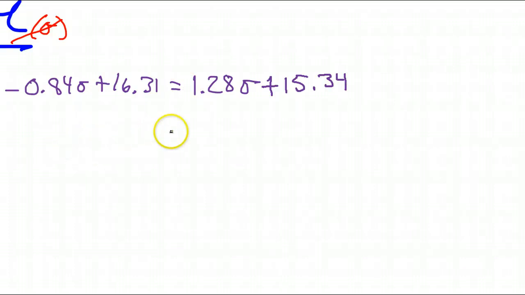Okay, I bet that I can solve this for the standard deviation. I see I've got my variable on both sides, so I'm going to do the opposite and add 0.84 standard deviations to both sides.